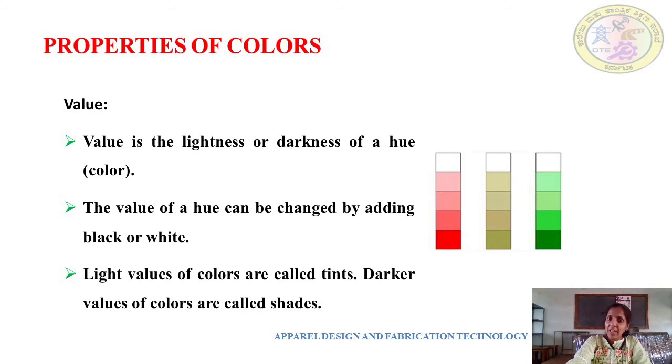And if we add black to any color, it gives a darker value. For example, if we add black to red in a certain quantity, it gives the shade of maroon.